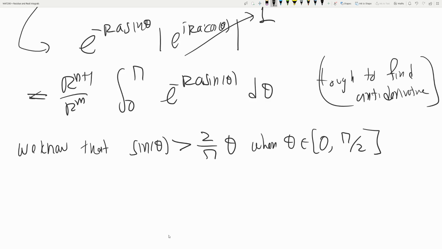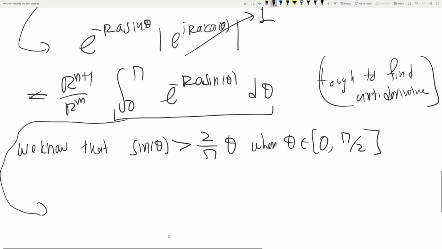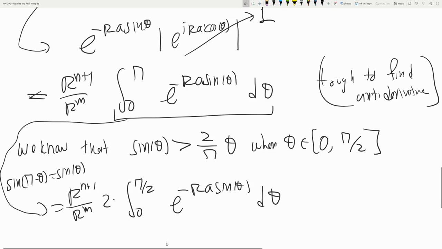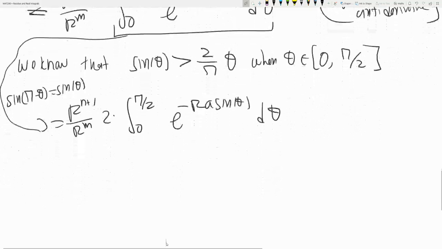I'm going to leave this trick to you: since sine of pi minus theta is sine theta, you can show that this integral is equal to 2 times the integral from 0 to pi over 2 with the same integrand. This is just a substitution like we did in the lecture.